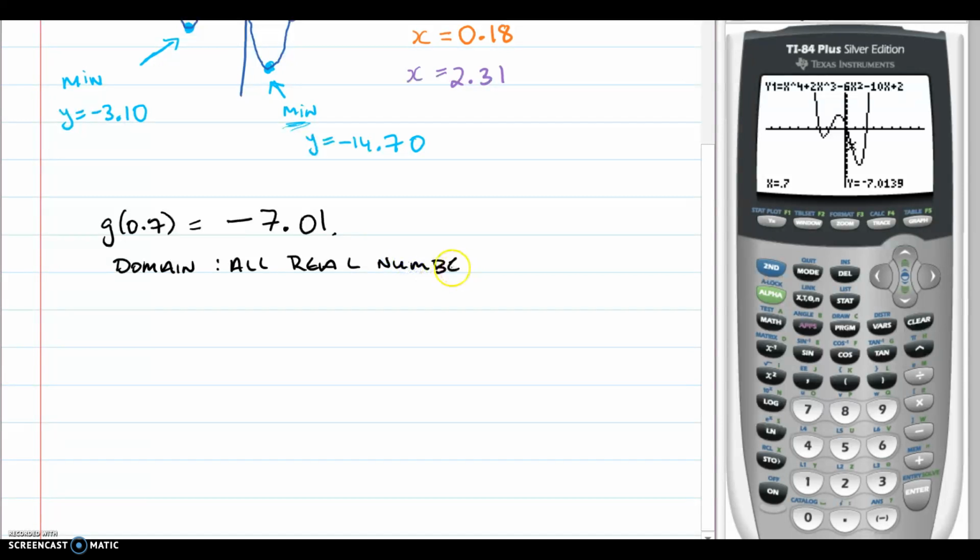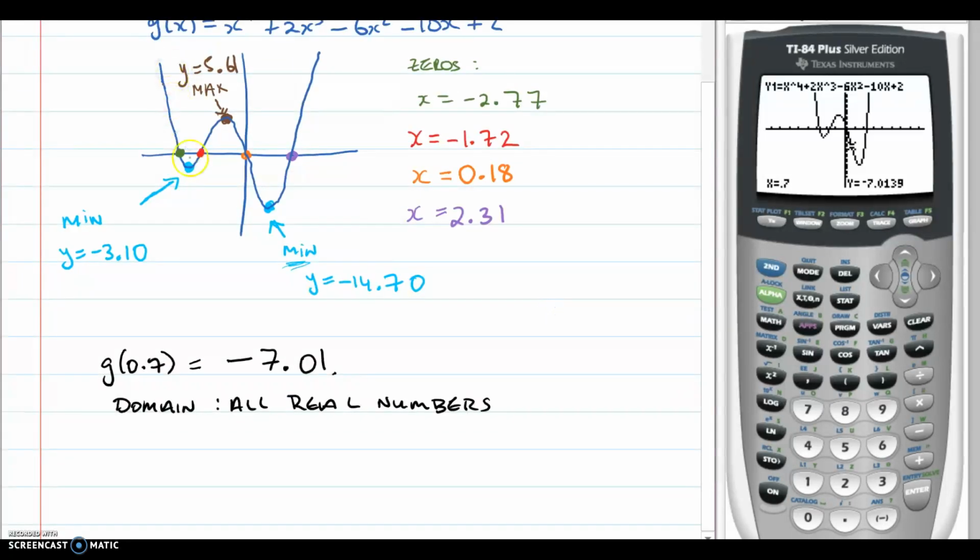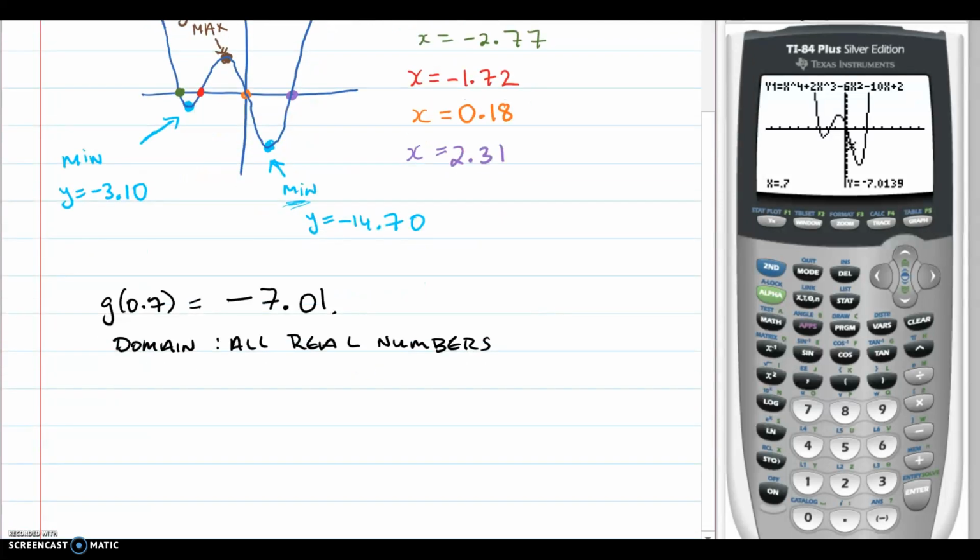The range, however, if you look at the graph, this graph never goes below this second minima point. It never goes lower than that. And you might ask, well, how do you know? But you do know, and you can look at the trends and it'll tell you. So the range in this case, the y values that you do have on the graph, never goes below negative 14.70.